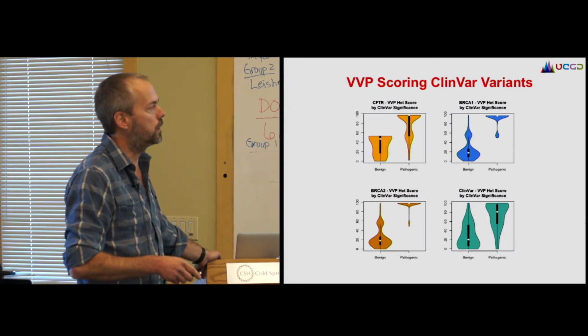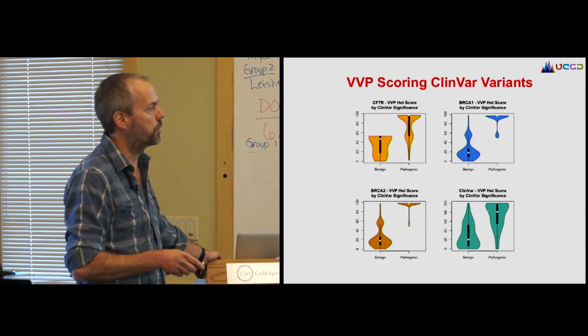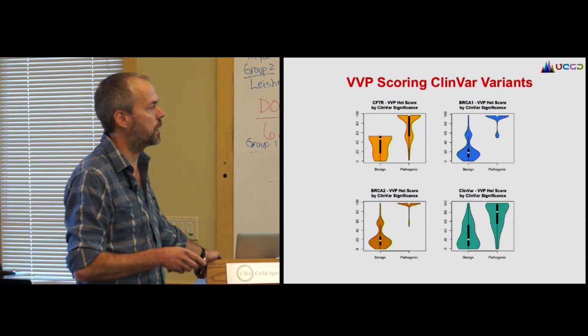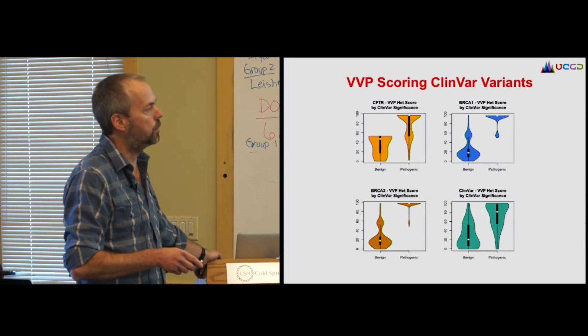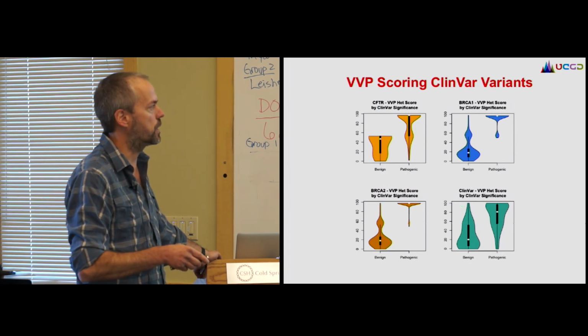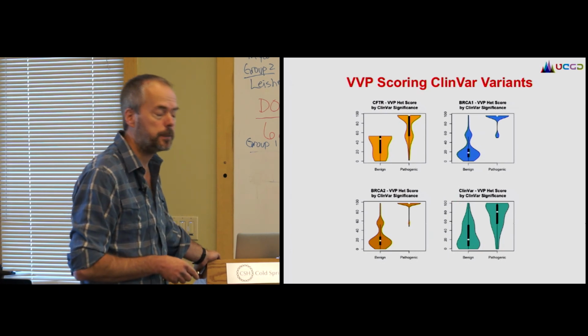If we look at all of ClinVar together, we see a similar sort of thing, good separation overall. These are called violin plots, but this is more like a lava lamp plot, where we see good separation between the medians of the scores, but some alleles that are considered pathogenic are still scoring low, and some that are considered benign are still scoring high.